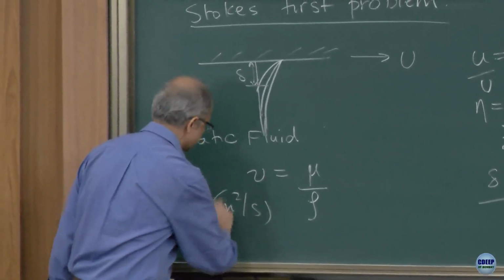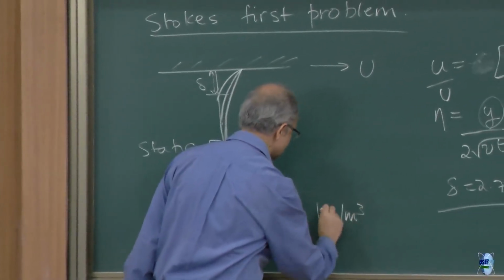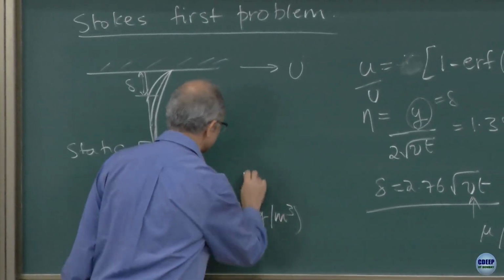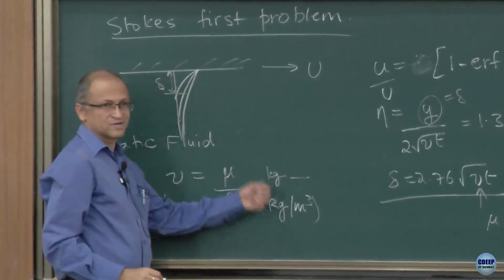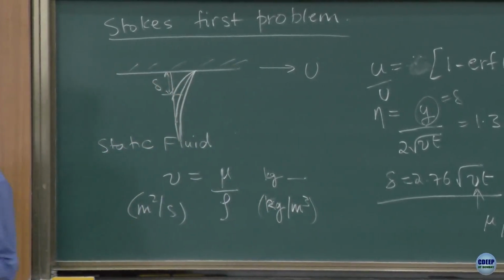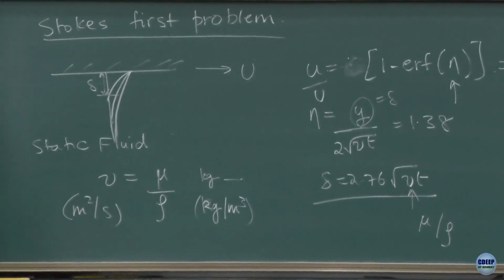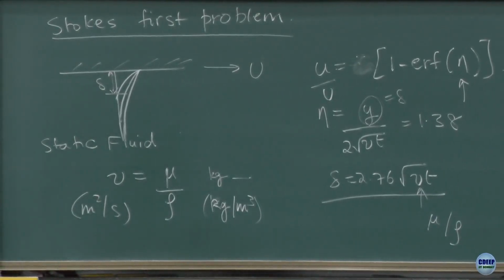And why this is a little bit interesting is because density has kgs here, and we have some kgs there, but what is important is that this kg cancels out, and you are only left with meters and seconds. So the word kinematic is used to emphasize the fact that there is no mass term in there. There is no kg in there. So that's where the kinematic term comes in.